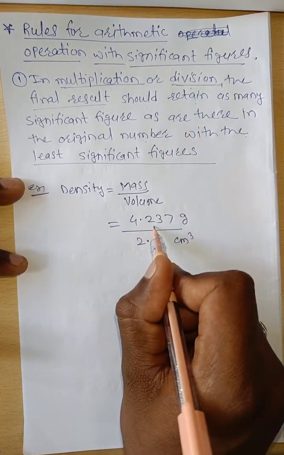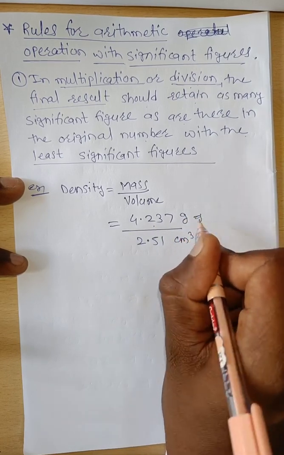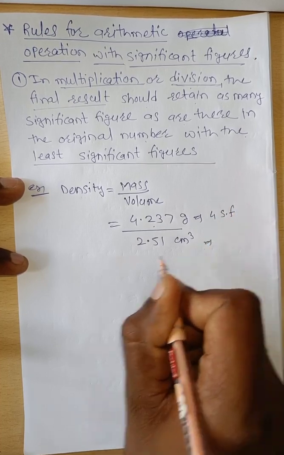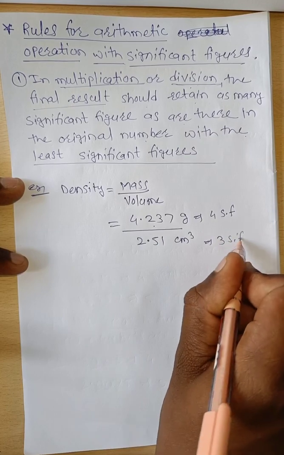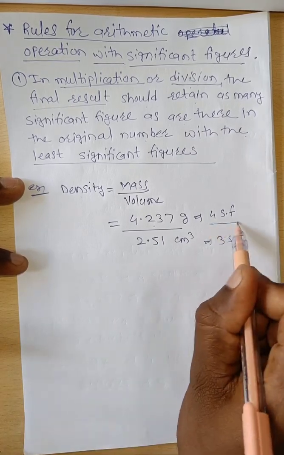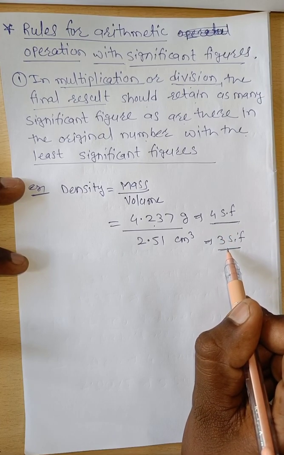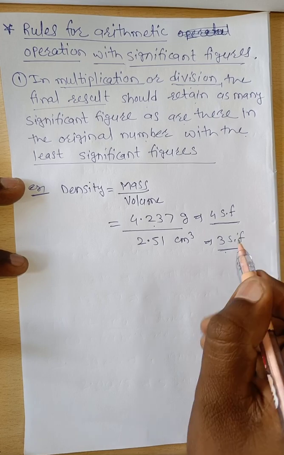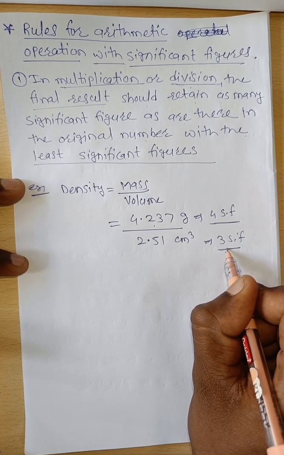See, the number in the numerator has how many significant figures? That is 4 significant figures. And the denominator has how many significant figures? 3 significant figures. Then which is less? 3 significant figures is less. Therefore our answer should be in 3 significant figures.